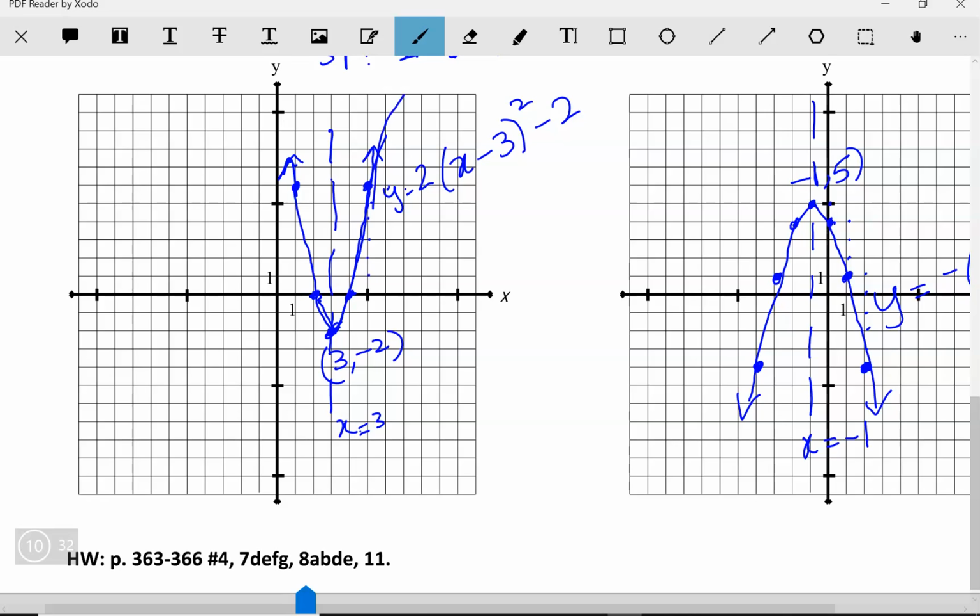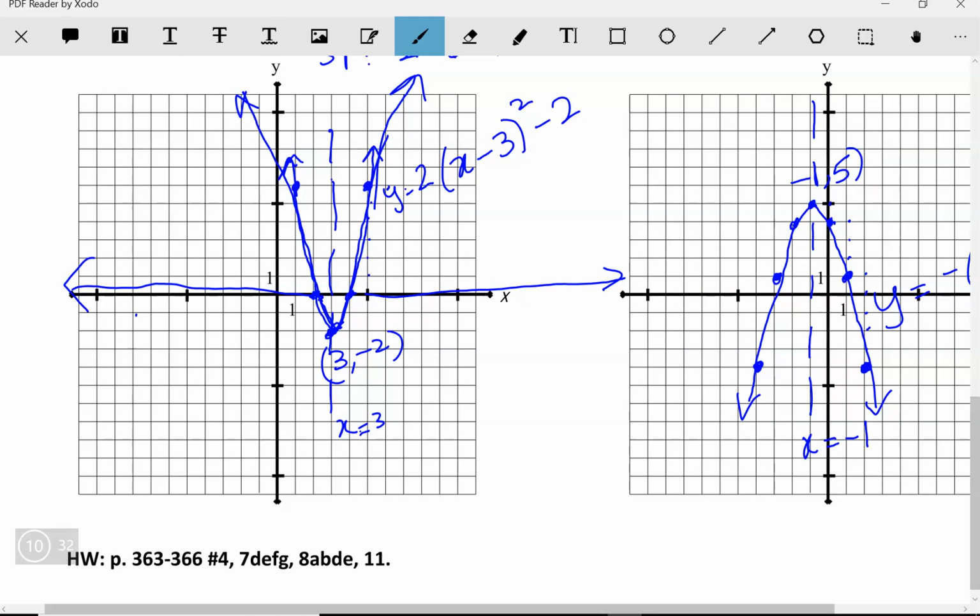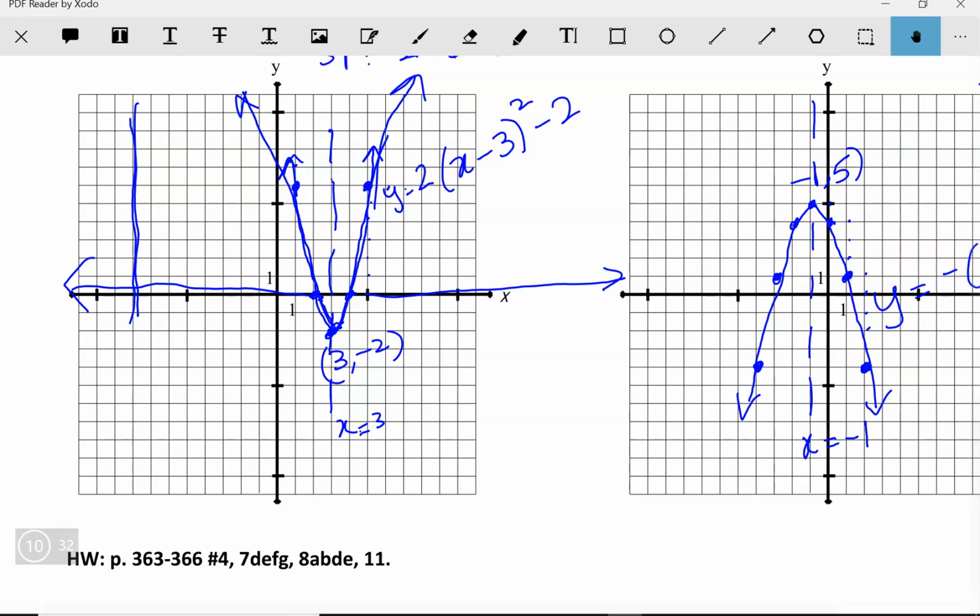If you keep extending this graph, it'll keep going until all the x values are covered, and the same in the other direction. So for whatever x value I take, I'll be able to draw a line up or down, whichever way, and I'll be able to touch the graph. That's the idea here.